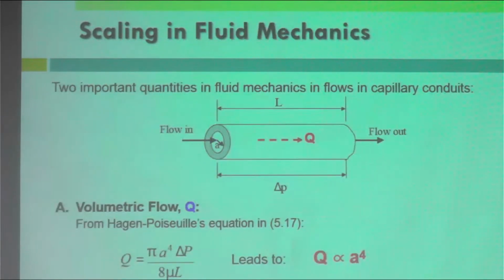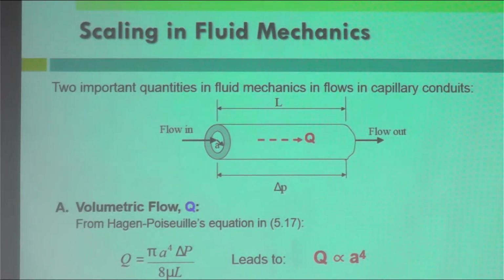And the rest. So, scaling laws in fluid mechanics. In fluid mechanics also, if we reduce the size, then it behaves differently. The important quantities in fluid mechanics are flows in capillary conduits. So you have this inner dimension. If you reduce the conduit radius by 10 times, you have a 10,000 times reduction of volumetric flow.